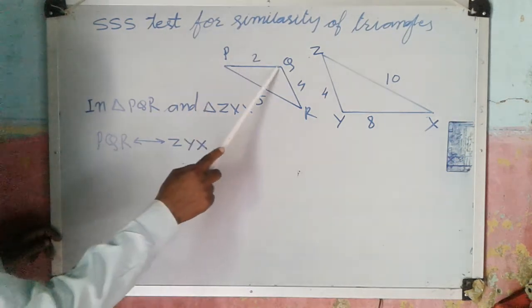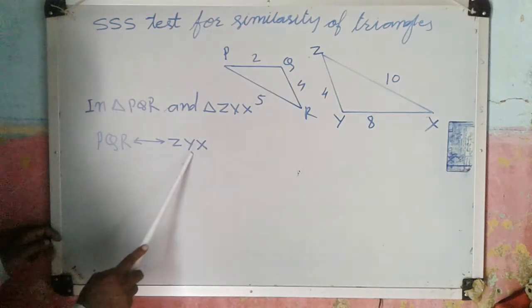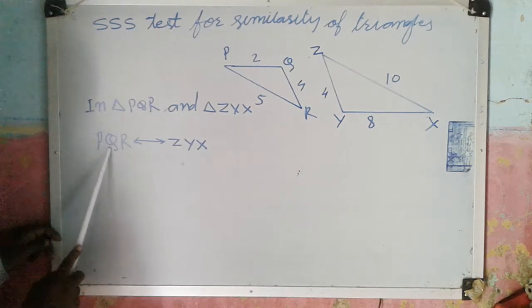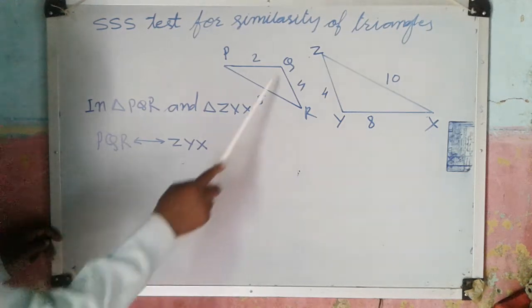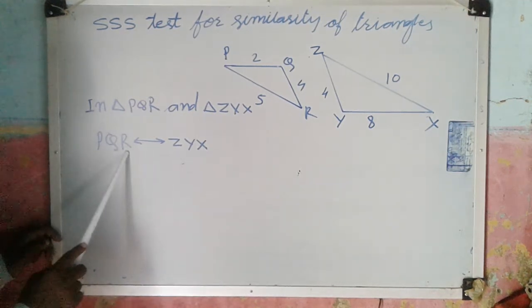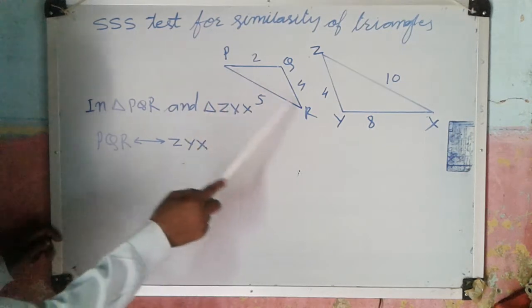The corresponding side of QR is YX, and PR and ZX are corresponding sides.